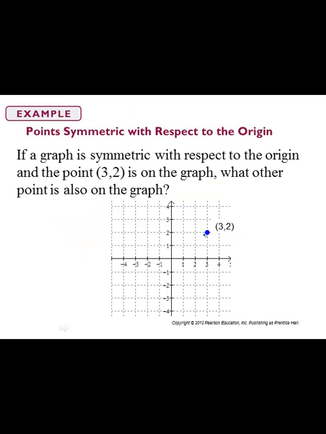So if 3 comma 2 is a point on the graph, and the graph is symmetric with respect to the origin, then guess what? Negative 3 comma negative 2 is also on the graph.